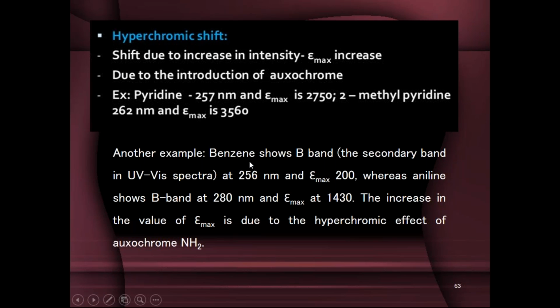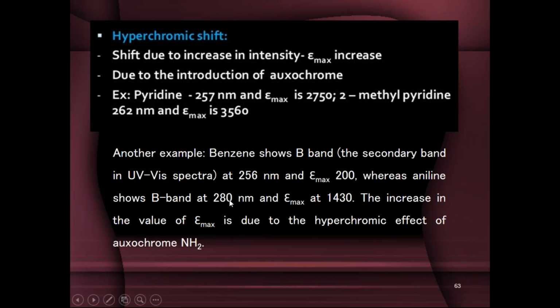Another example is benzene, which shows the B band, the secondary band in UV visible spectra, at 256 nanometer with an epsilon max of 200. Whereas aniline, in aniline, NH2 is the oxochrome that is introduced. So on introduction of oxochrome, you get aniline. This shows a B band at 280 nanometer.